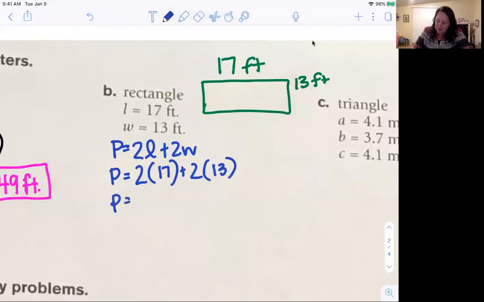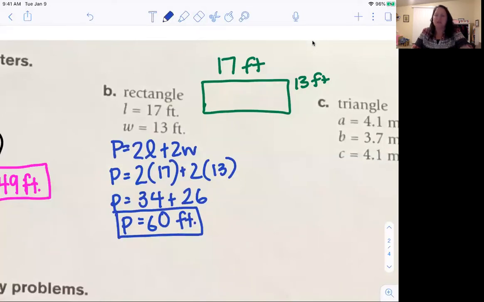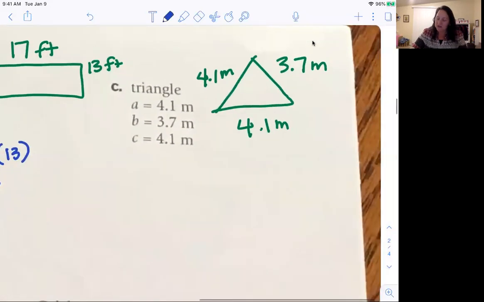P equals 34 plus 26. P equals 60 feet. And why am I not using square feet in this? If you said because we're not doing area, we're only finding distance around, good job. Okay, let's do the last one together.